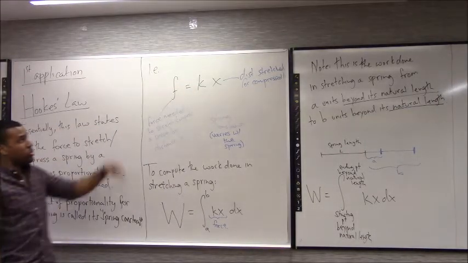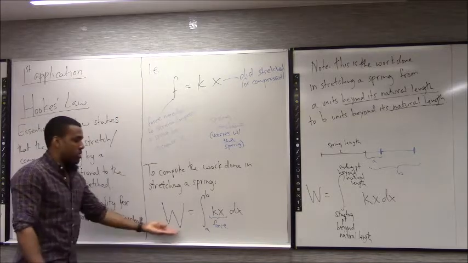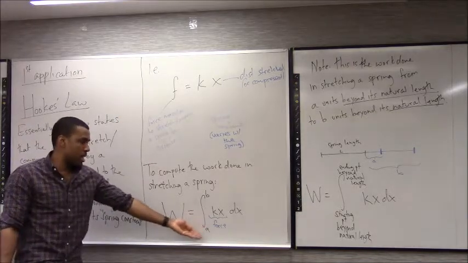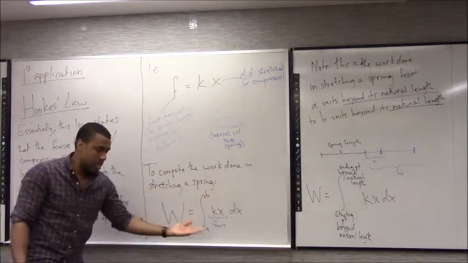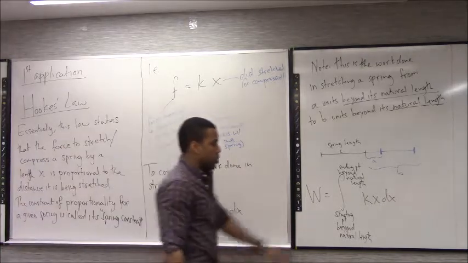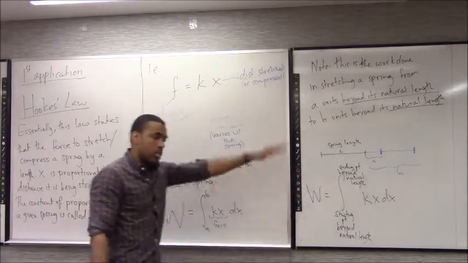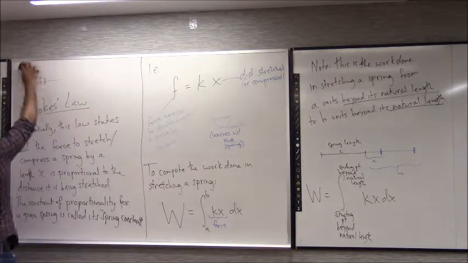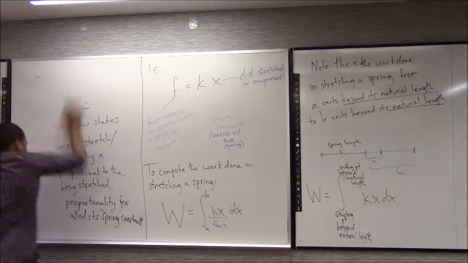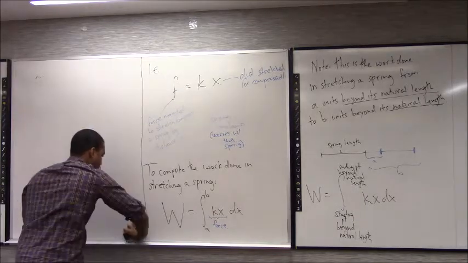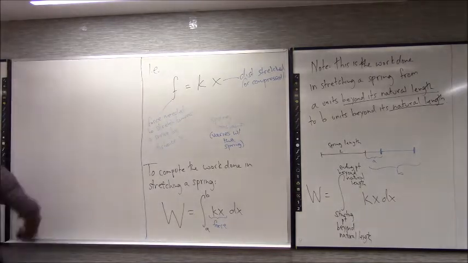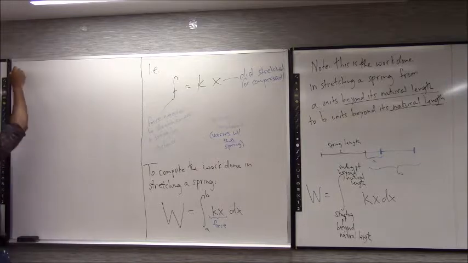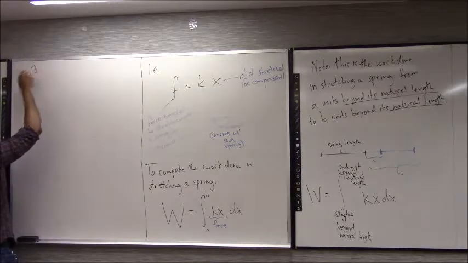And because we know that work is the integral of force, the work done in stretching a spring from a to b is given by this integral, where your a and b are dependent on the natural length of the spring. So let's actually do an example to make sure we get what we're talking about here. This is example 1 from the handout.